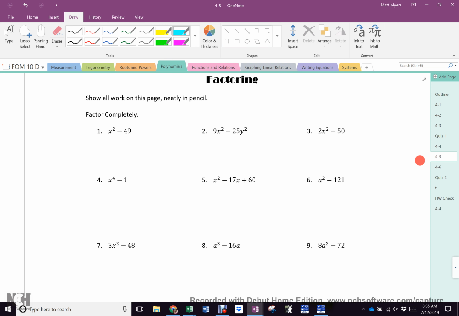My neighbor in this building teaches pre-calculus and calculus, and all he says to me is, Matt, if the only thing the kids learn in grade 10 is how to factor, then I'm happy with it. He doesn't care about anything else we do in this class, as long as you can factor. That's why I'm spending so much time on it, and that's why you're getting so much practice.